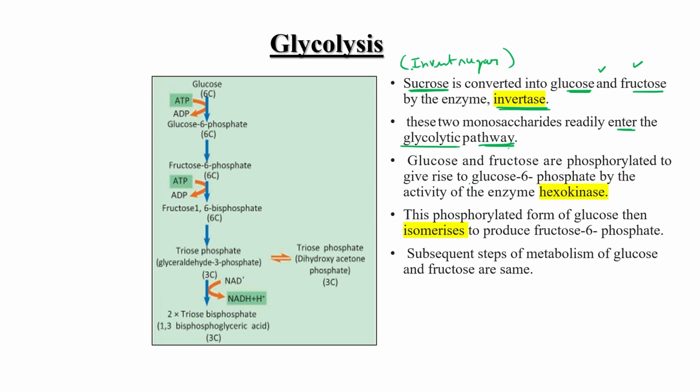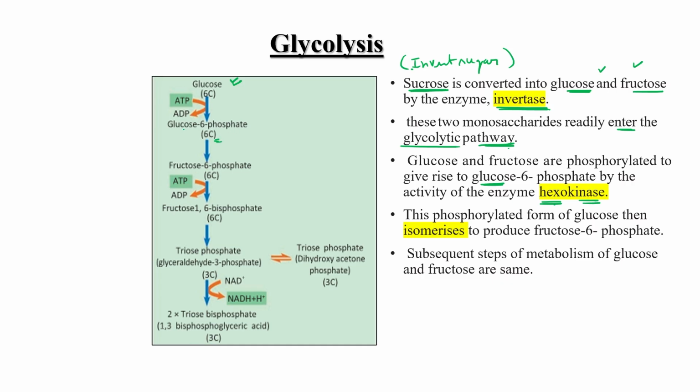Okay, as glucose is a 6 carbon molecule, that's why we use the term hexa. Kinase means ATP is involved. So this glucose is converted into glucose 6-phosphate in the presence of ATP, because ATP gives one phosphate to glucose, and this phosphate just attaches to the 6th carbon of the sugar.